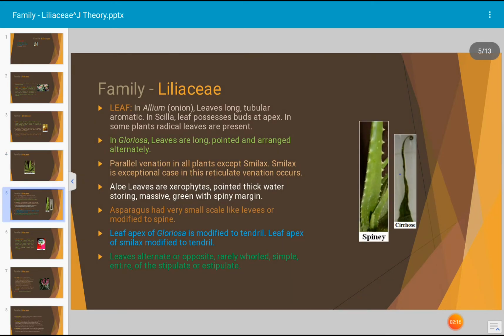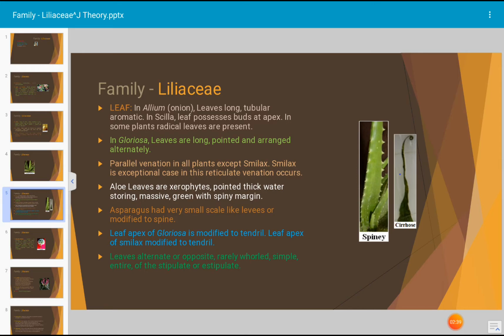Next, how is the leaf of family Liliaceae? In Allium, that is onion, leaves are long, tubular, aromatic. In another plant, Scilla, the leaf possesses buds at the apex, and in some plants radical leaves are present.